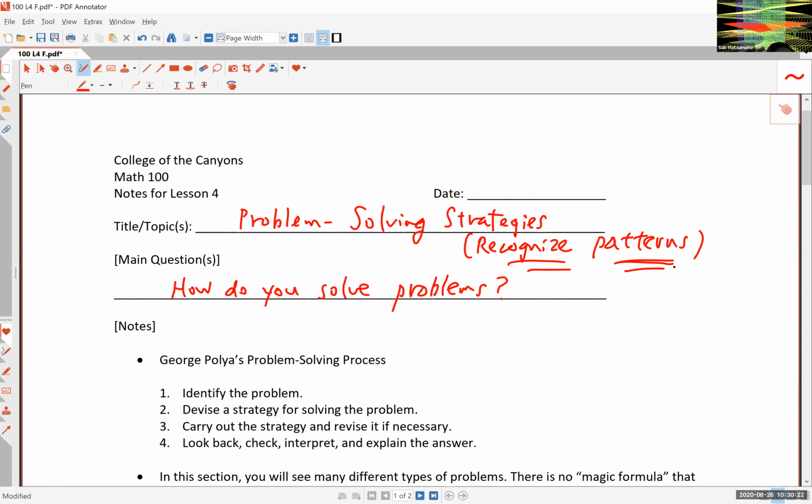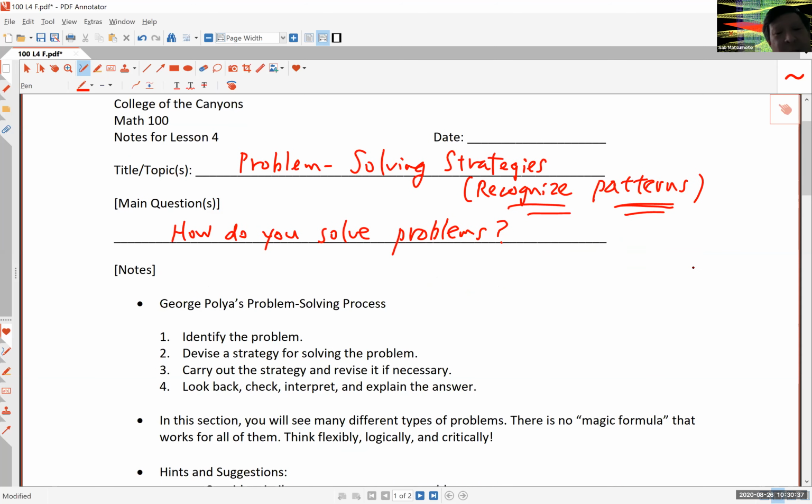A very large portion of that has to do with problem solving. How do you solve problems? The problem may be mathematical, logical, or something totally different. So in this section, we'll be talking about how to solve problems.